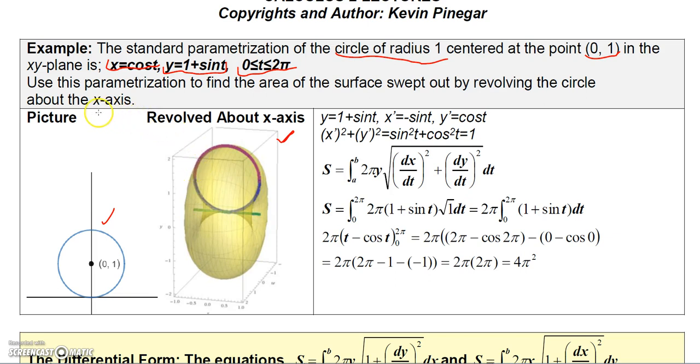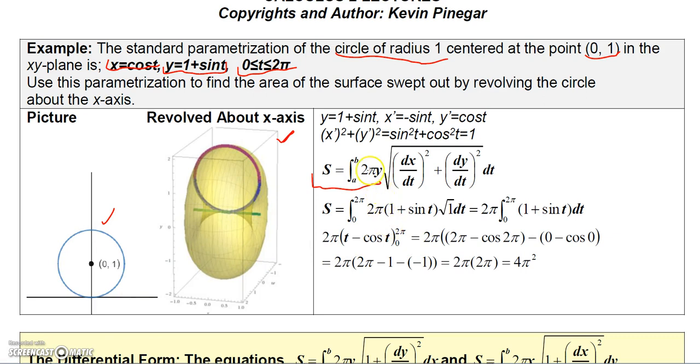Okay, so now using the parametrization formulas that we just talked about, for the surface area about the x-axis we would integrate 2 pi y times the square root of x prime squared plus y prime squared dt. Now, we know that t goes from 0 to 2 pi, so that's going to be our limits of integration, because it takes 0 to 2 pi to draw this curve one time.